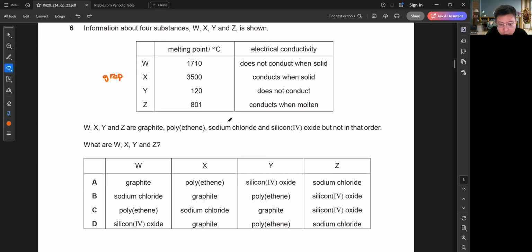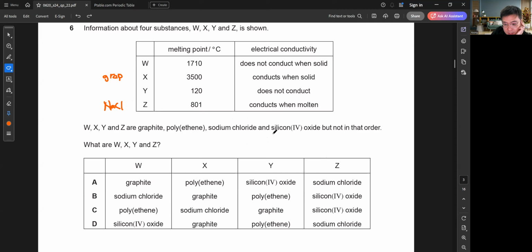It cannot conduct when it's solid. So this one definitely has to be NaCl. Let's write it beside. Then the only remaining are polyethylene and silicon oxide.